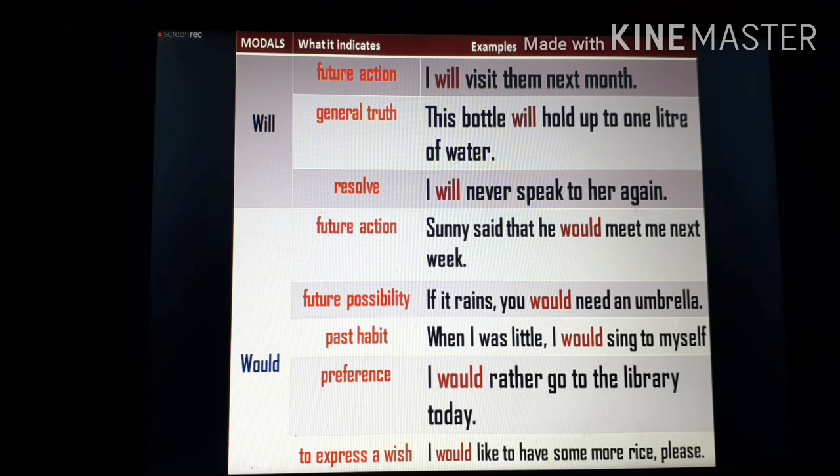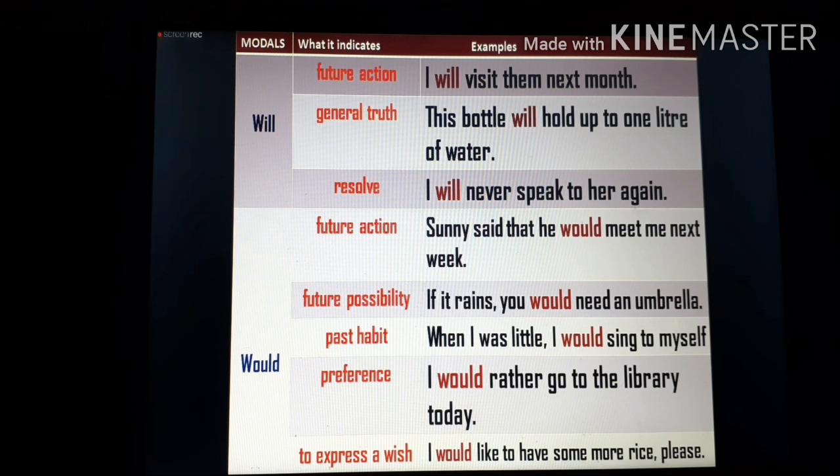Here, the subject Sunny is actually talking about a future action that is about meeting me next week. If it rains, you would need an umbrella. So, there is a possibility that there may be a need for an umbrella if it rains.